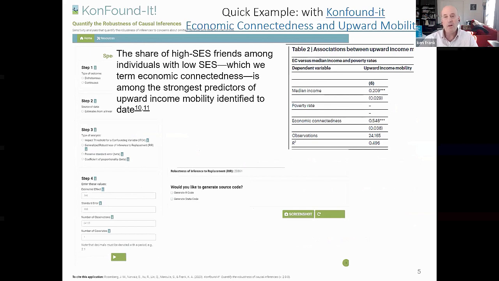What they found was that the share of high SES friends among individuals with low SES, which they term economic connectedness, is among the strongest predictors of upward income mobility identified to date. Wow, that's pretty striking. That's about how you move up.